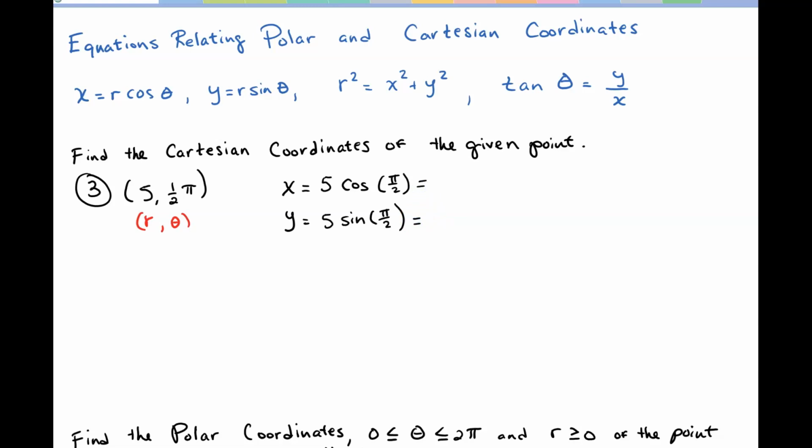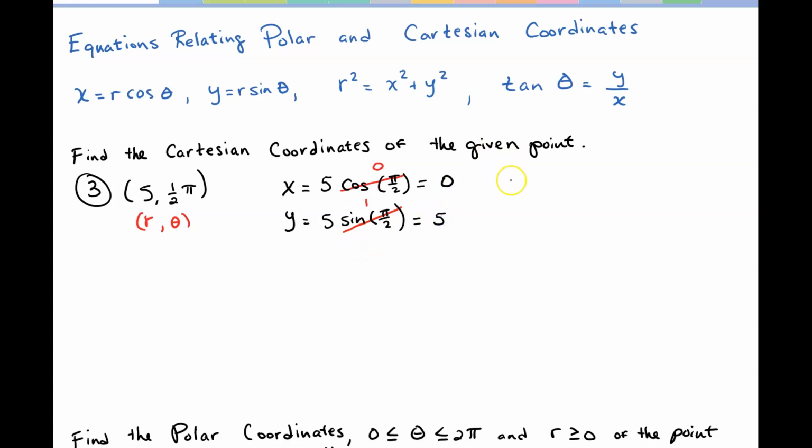Well, what do I know about the cosine of pi over 2? From the unit circle, the cosine of pi over 2 is just 0. And then the sine of pi over 2 is just 1. So this is something important that you probably should have memorized by now. So 5 times 0, of course, is 0. And 5 times 1, of course, is 5.